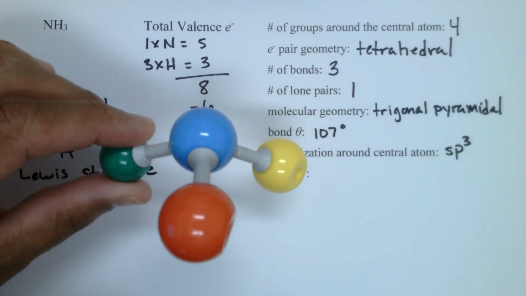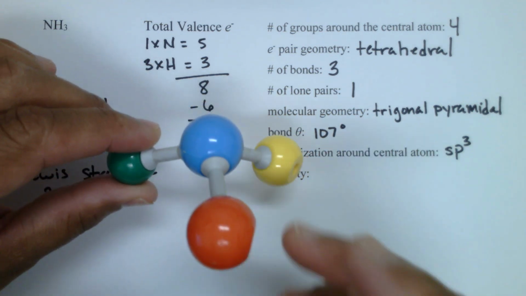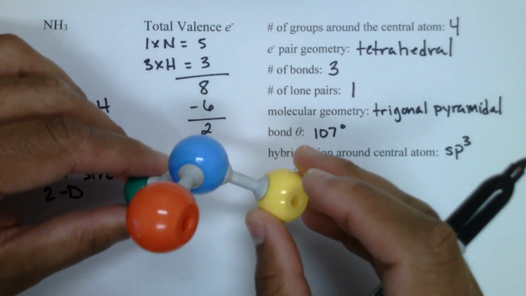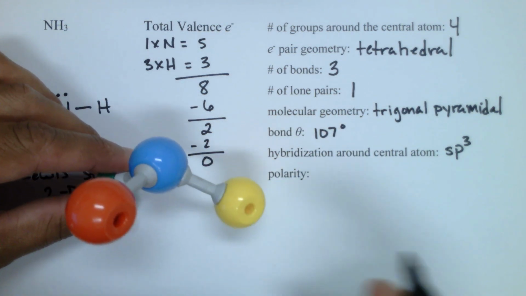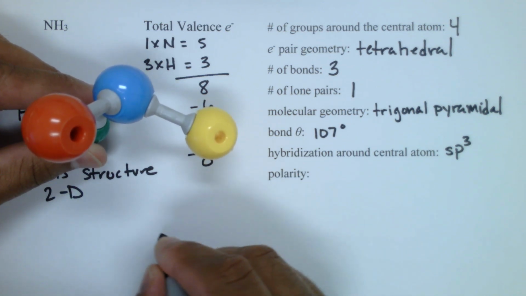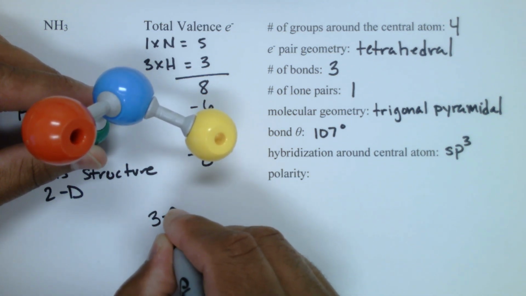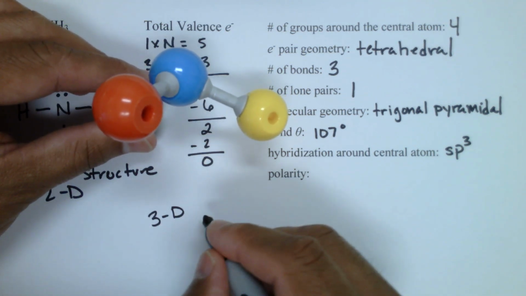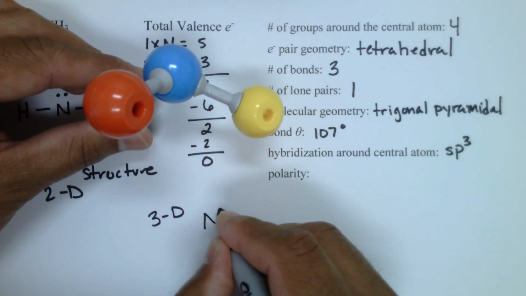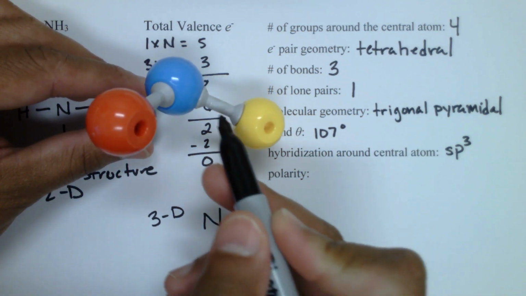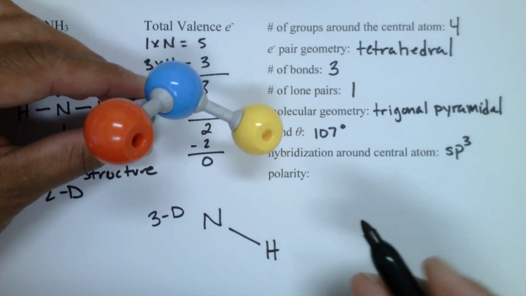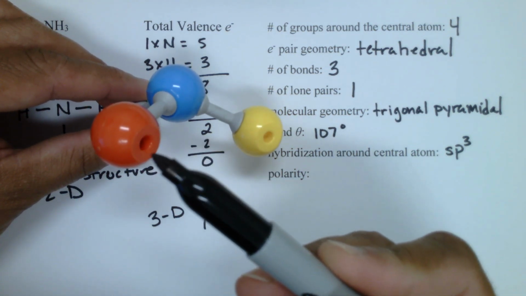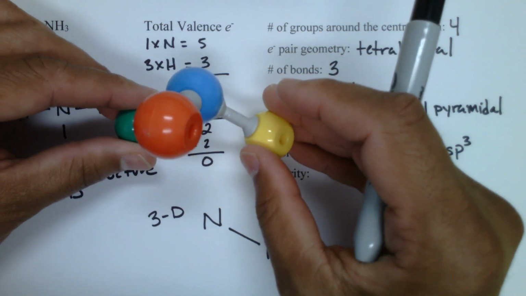If I wanted to draw the wedge and dash sketch, I'll go ahead and hold it this way. So there's a bond here that's in the plane. So I'll go ahead and label this 3D. So here's my nitrogen. There's a bond here in the plane, so there's a line here going out to a hydrogen. But interestingly, right here, you see this red atom is actually pointing towards you.